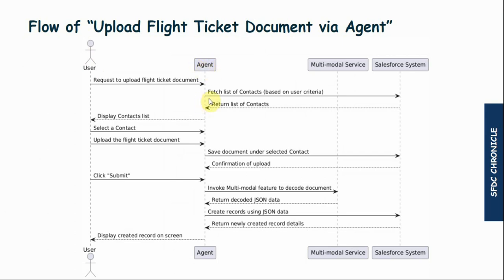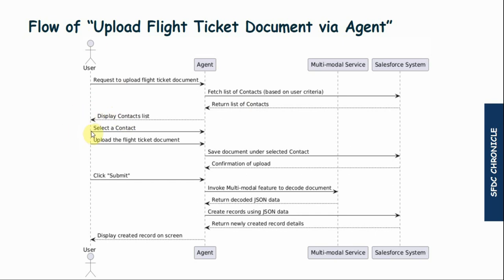Then, depending upon the user request, the agent will fetch the list of contacts based on the user provided criteria and return the list of contacts to the agent and then to the user. So all the list of contacts will be displayed to the user.